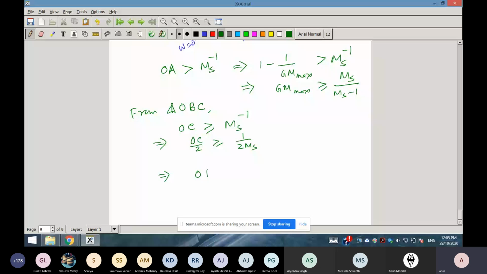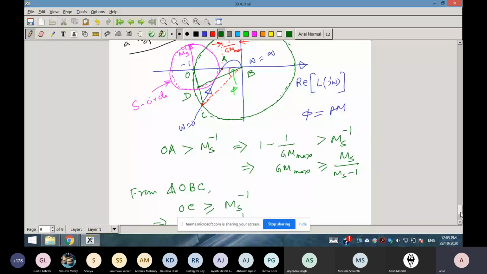What is your OD? From the figure, your OD is your sine of phi by 2. You can easily see, because this is a triangle where these two sides are equal, unit radius. The angle of OBD will be equal to phi by 2.